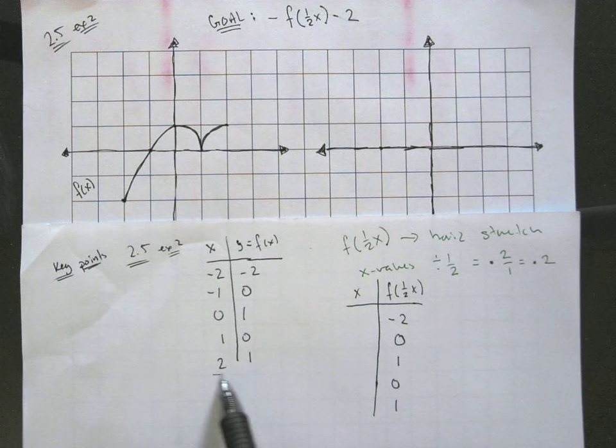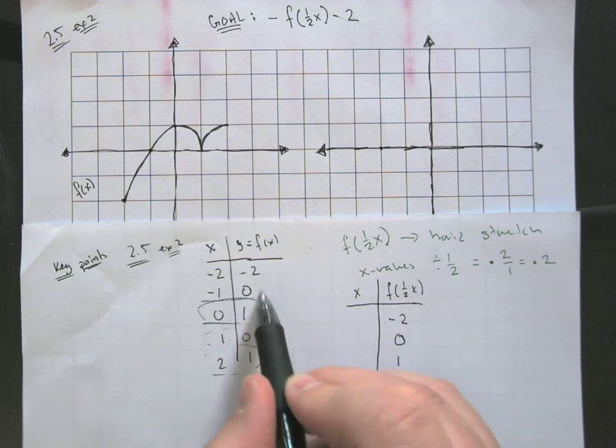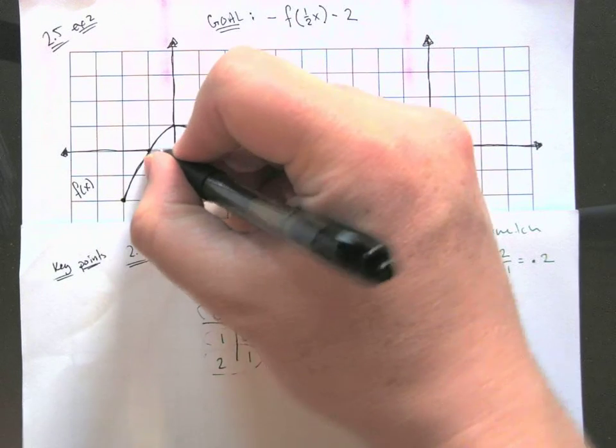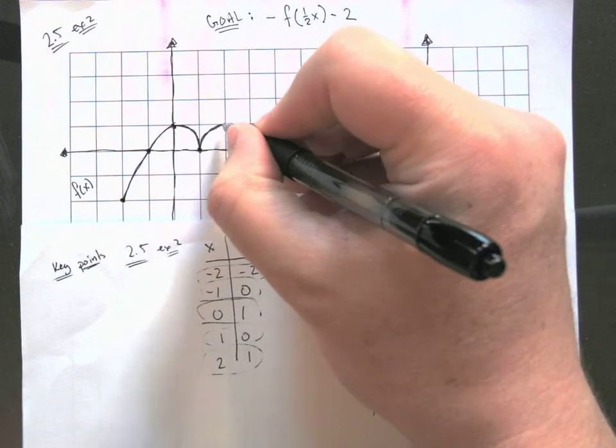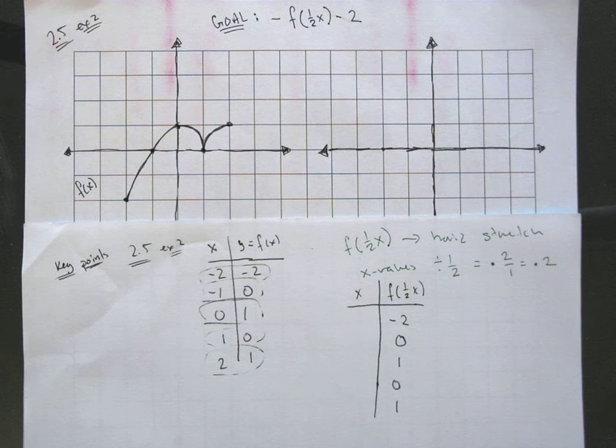These are the pairs that are our coordinates. So that's here, here, here, here, and here. That's our points, like A, B, C, D, E, if we wanted to label them.